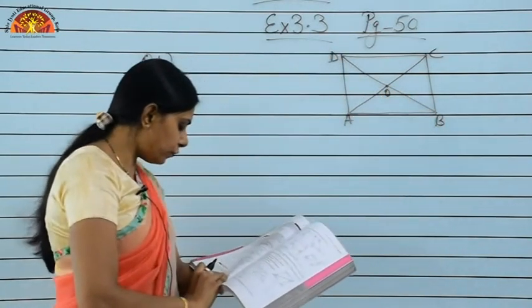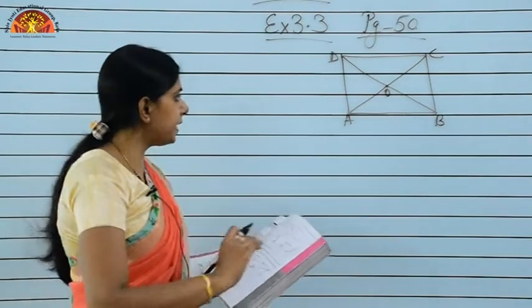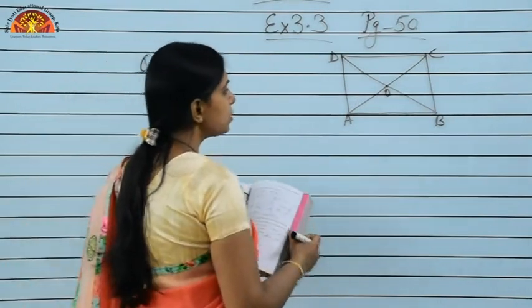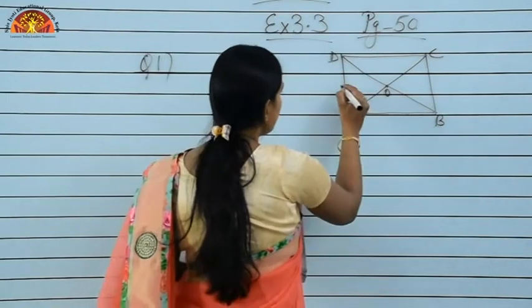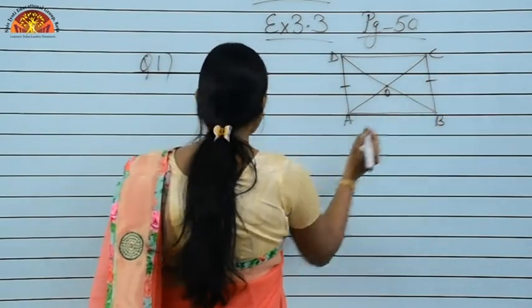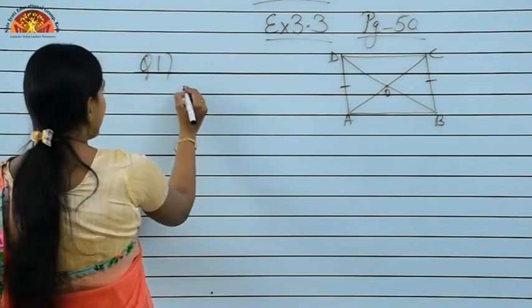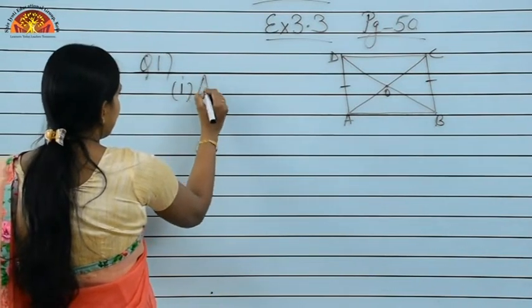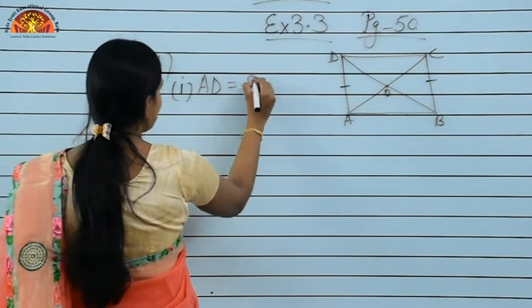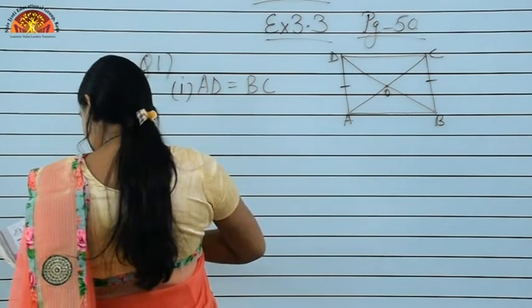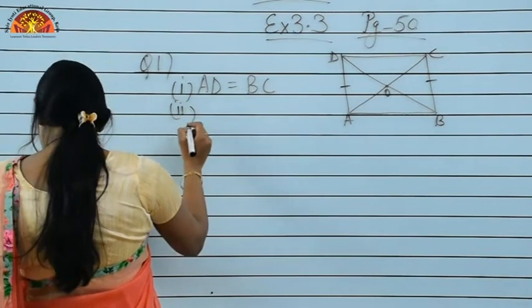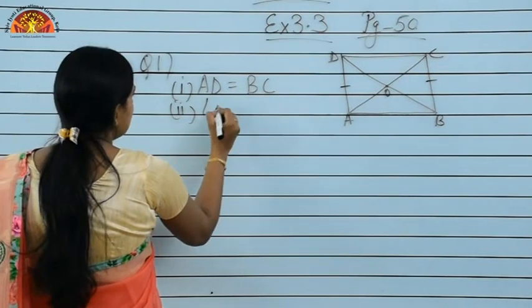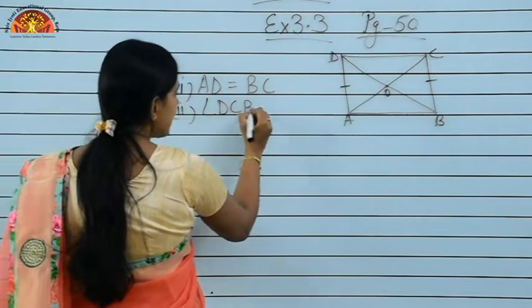Okay. Now first part, what is given? AD is equal to, children, as you already know the property of a parallelogram that the opposite sides are equal to each other. So AD is equal to BC. Now just see the second part, angle DCB. So where is angle DCB?